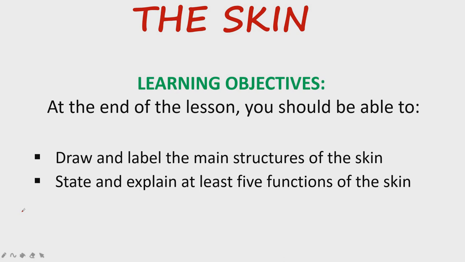Now, the skin is the outer layer of most animals. When we say that, it is the outer covering of many animals, typically vertebrates. Because when we talk about vertebrates, we can see two major types of skin: the naked skin and the covered skin.